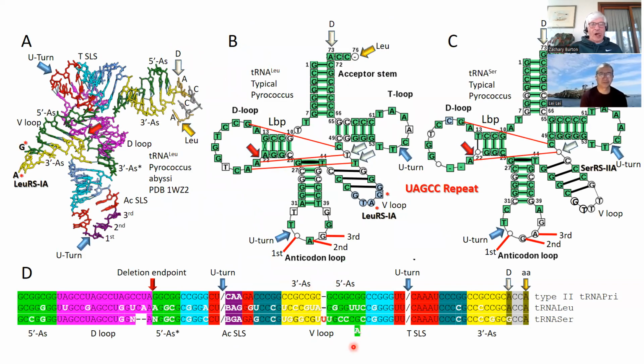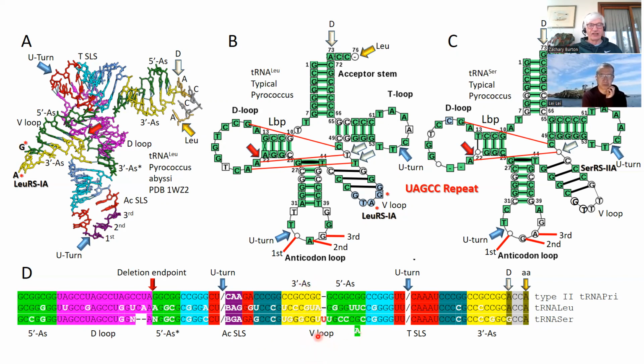Okay, so this is type 2 primordial tRNA, and initially the V loop is a 3' acceptor stem ligated to a 5' acceptor stem, like that. So 7 plus 7 is 14. In tRNA for leucine, it's 7 plus 7 for 14. The sequence is slightly changed. I'll explain why.